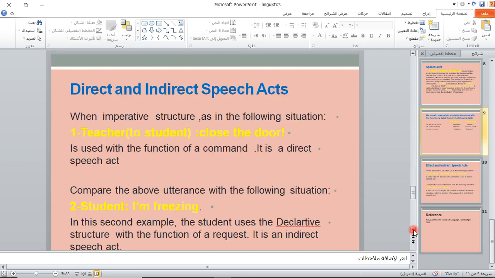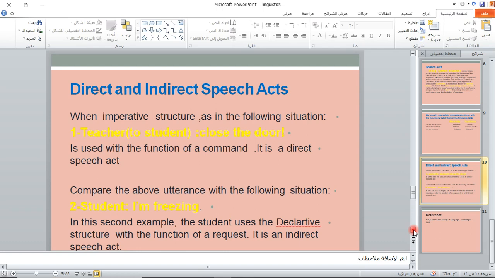Then we have direct and indirect speech acts. What is the meaning of direct and indirect speech acts? فعل الكلام المباشر وغير المباشر. When is it direct and when indirect? It is direct with the imperative structure, as in the following situation. For example, when a teacher says to his student, "Close the door," it is used with the function of a command.